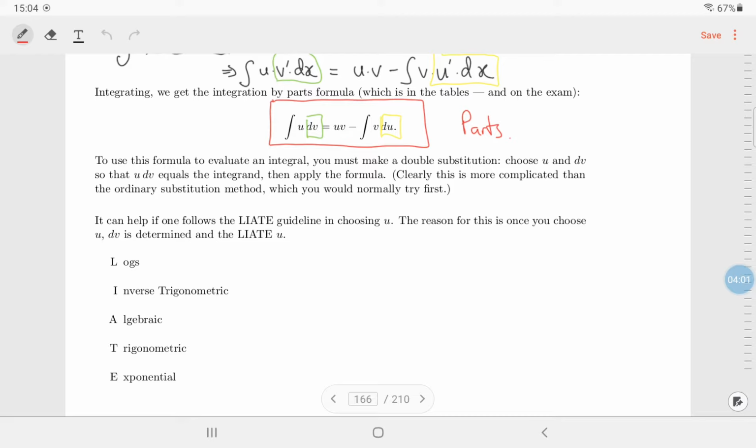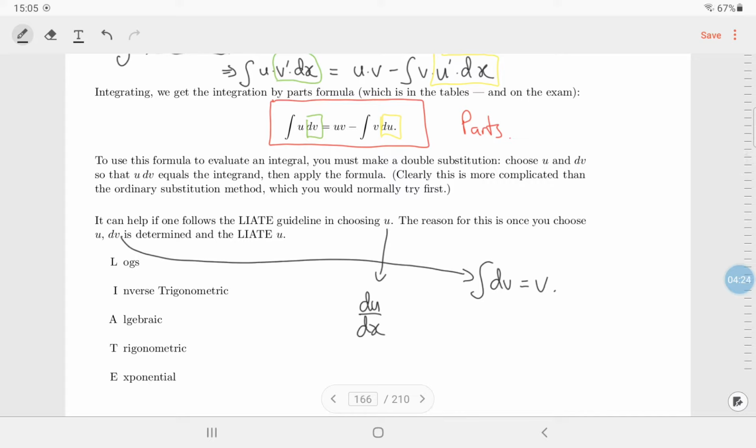The reason is that you're going to be differentiating u, which is easy, but with the dv, you need to be integrating it. The integral of dv is v, which we'll talk about, and it's harder to integrate than differentiate.